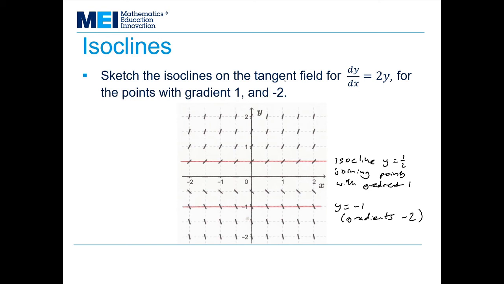And in fact, on this particular tangent field for the differential equation dy by dx equals 2y, all of the isoclines are going to be horizontal lines. We're going to see other examples in the next video where the isoclines are slightly more interesting.